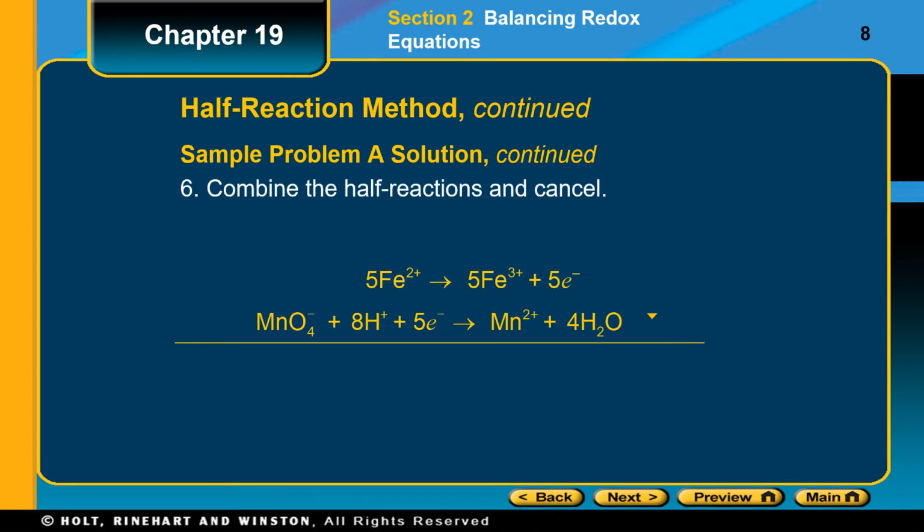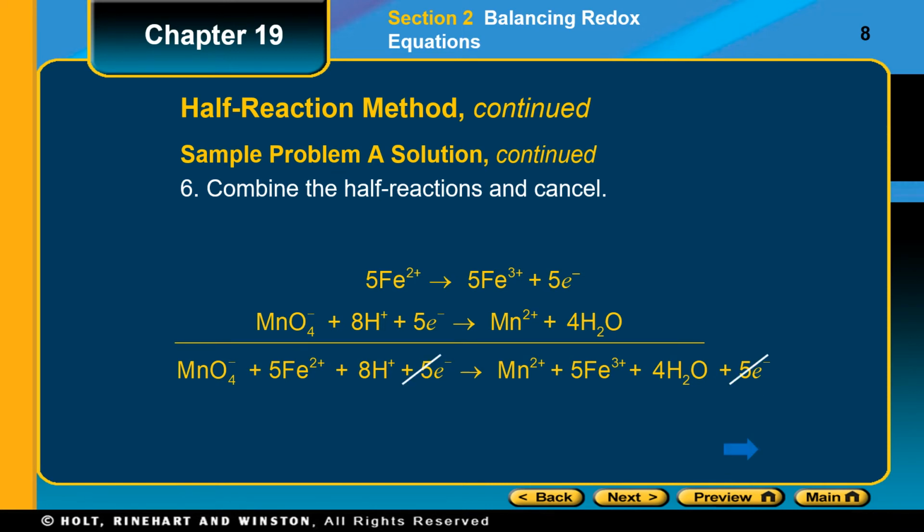Okay, and now we can start canceling out some things that we have the same on both sides. So we can cancel out the 5 electrons on both sides, and so I think that's about all we can cross out right now.